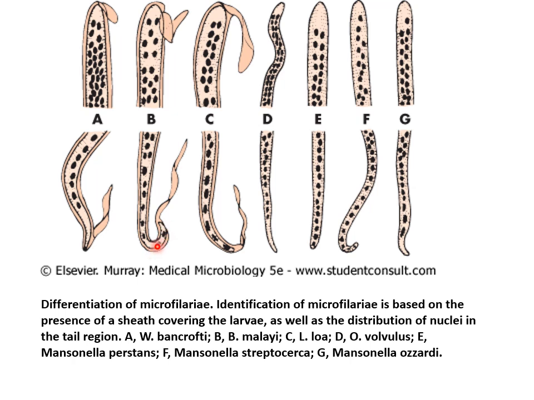Second, you have Brugia malayi, which is also a sheathed microfilaria with a subterminal and terminal nucleus. Third, we have Loa loa, which is also a sheathed microfilaria with a continuum of nuclei all over. But if we look at D, E, F, and G, these correspond to Onchocerca volvulus and Mansonella species, and all of these are non-sheathed microfilariae.